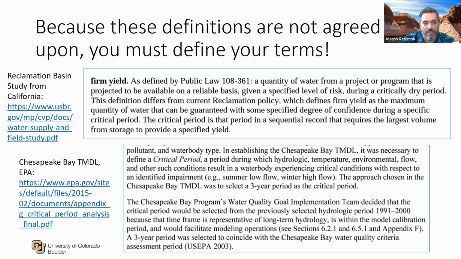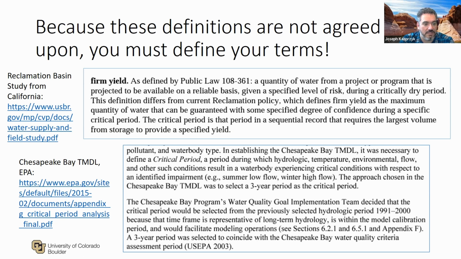Okay, so in that study, that's how they defined it, by this California law. But then Reclamation defines it as the maximum quantity of water that can be guaranteed with some degree of confidence during a specific period. So you can see that even in the definition of the terms, there's already some uncertainty as to how it's defined.